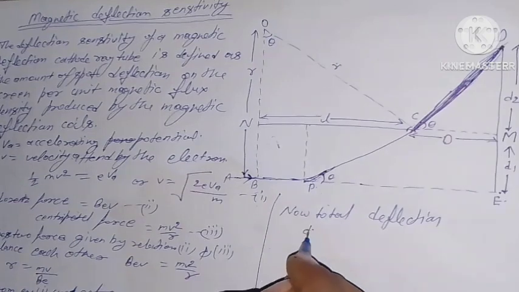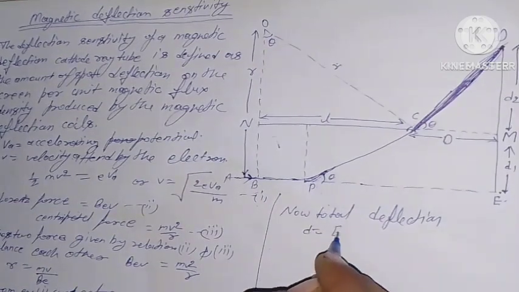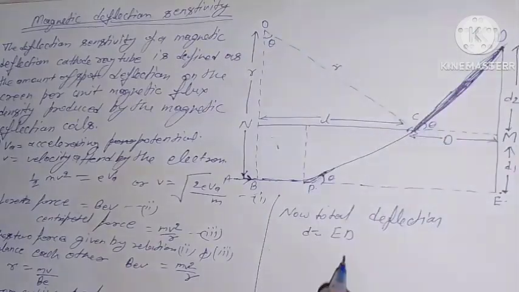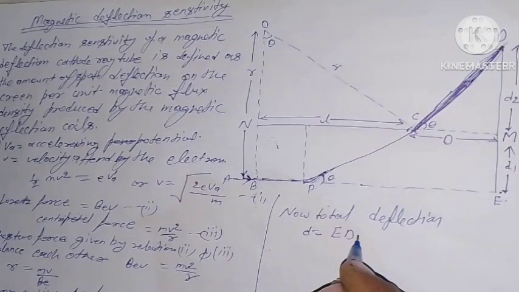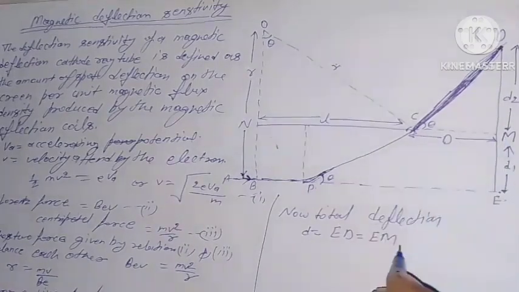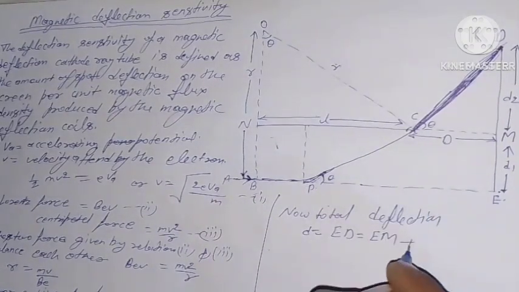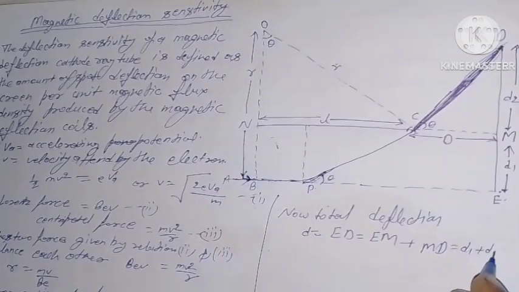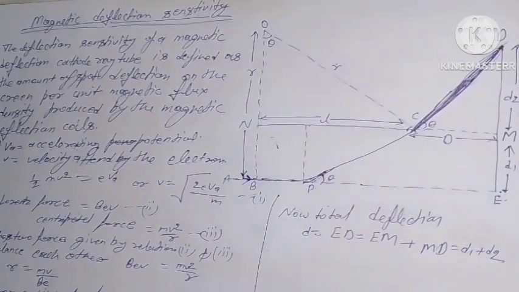Total deflection capital D is ED, that is EM plus MD, that is D1 plus D2.